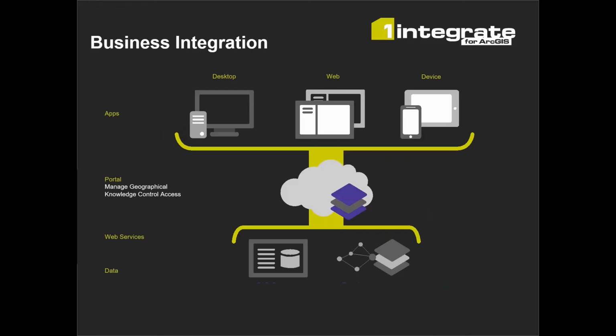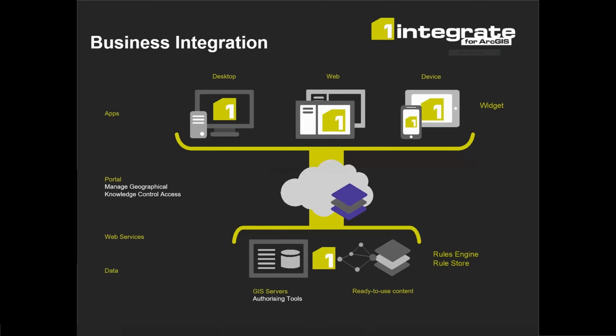Now, what we've done with 1Integrate is put the rules engine itself on the server side, and then we have a series of widgets that sit on the application side, whether desktop, web, or mobile. What that means is that the application side provides a window into the rules engine itself.